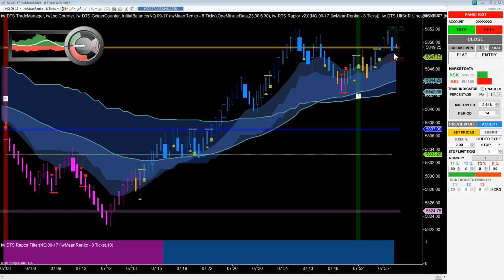All right, if we get a failure now, that will produce another number 2 signal, and that could be worthwhile shorting because we could see the market try to fall off back here to the lows.